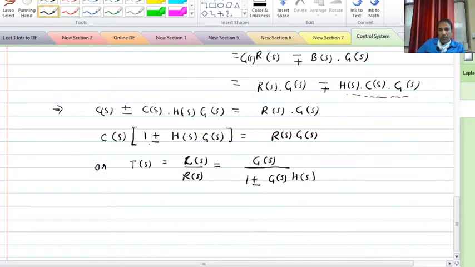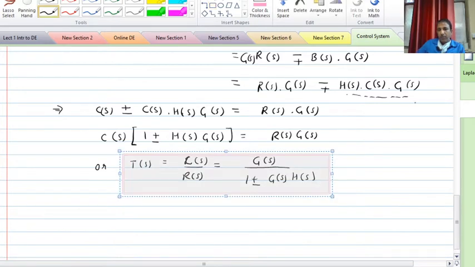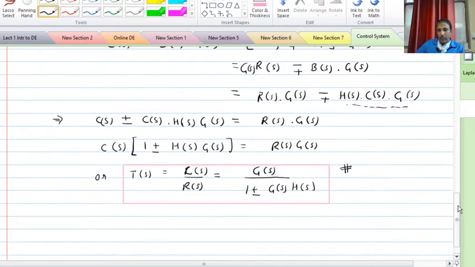Okay, the sign here is very important. Please remember this, because this formula will be regularly used in this subject.